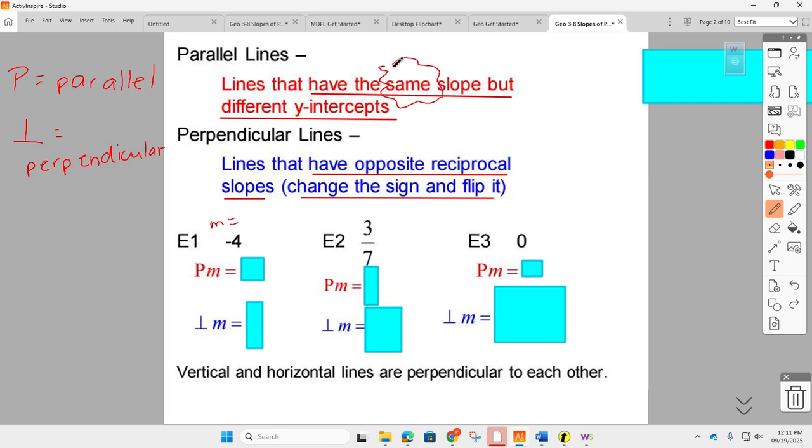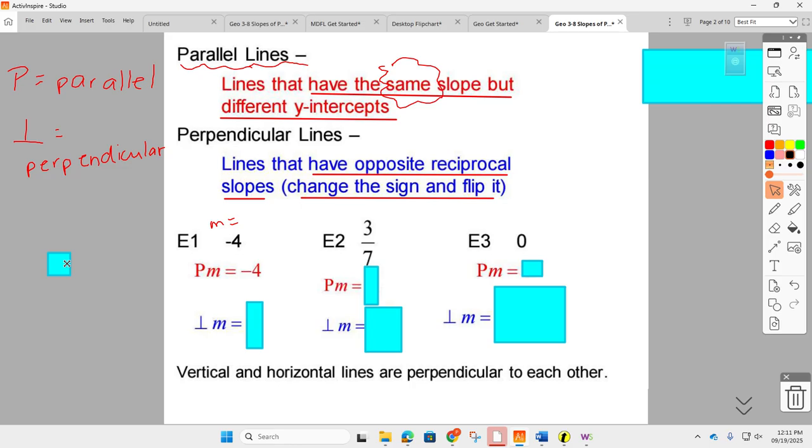If this line has a slope of -4, and we want a line that's parallel to it, we're talking parallel right now, right? Parallel, same slope. What's the slope of a line that's parallel to it? Yes, -4. Too easy. Sometimes it's too easy and makes it more confusing, right?